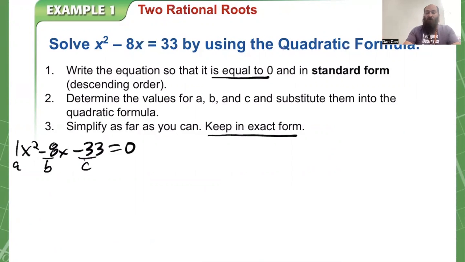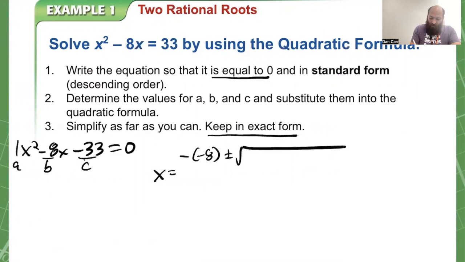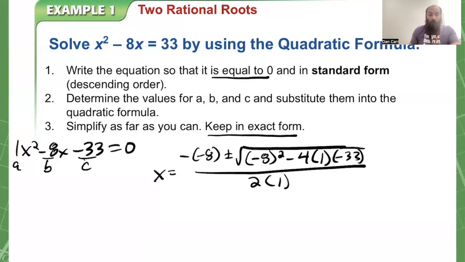That means if there's a square root for an irrational, we're going to keep it as the square root in the answer. If it's a complex number, we're going to keep i in the answer. So x equals negative b, so it's going to be negative of negative 8, plus or minus the square root of b squared minus 4 times a times c, all over 2 times a.